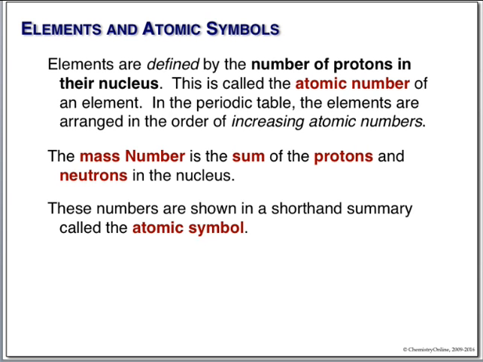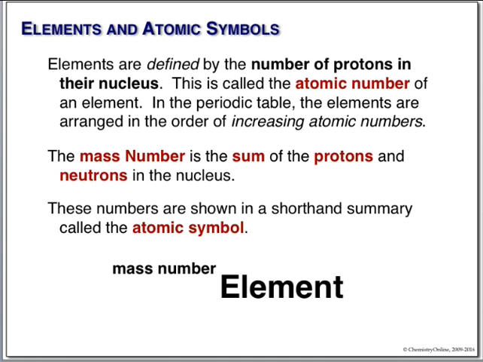So we're going to write an atomic symbol. We start off by writing the symbol for the element, whatever it is. Next thing we do, we write the mass number in front of the element symbol as a superscript. Remember, the mass number is number of protons plus neutrons.